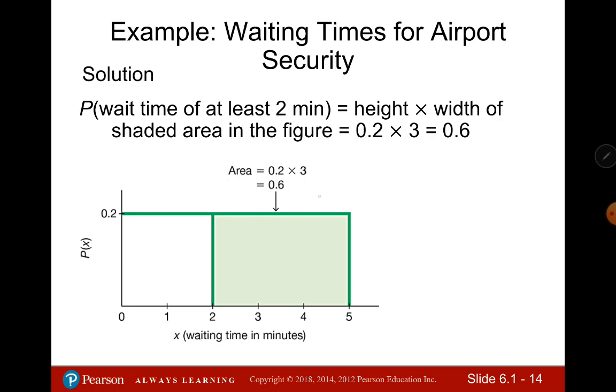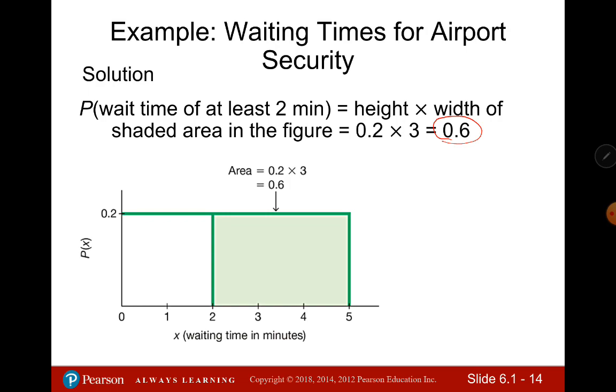So here we already find the area, which means the probability of a waiting time of at least 2 minutes is just 0.6. So for any continuous distribution, how can we find the probability? We always check the corresponding area.